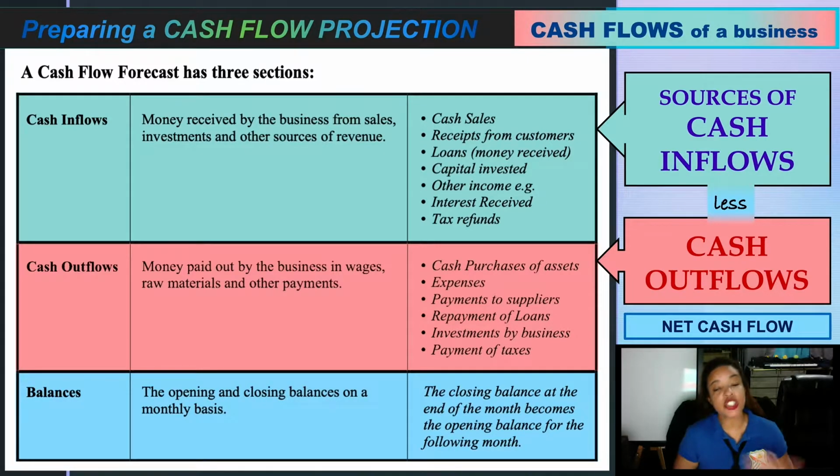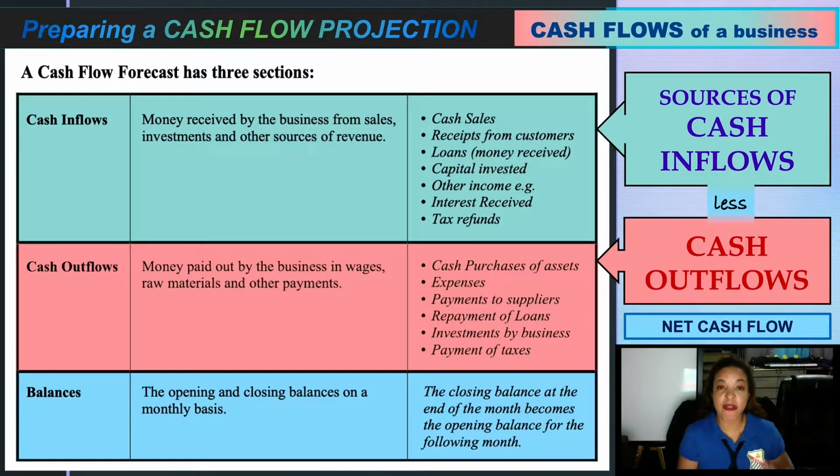If, however, it is the reverse and we spend more, so we have more cash going out of the business than is coming into the business, then we will have a negative cash flow. It means we are spending more in terms of cash than we are actually receiving in terms of cash. And obviously that affects our liquidity.